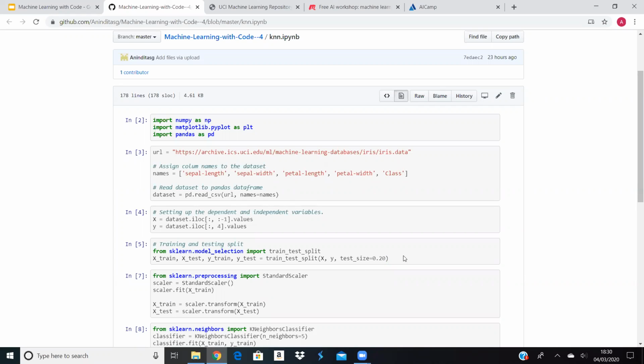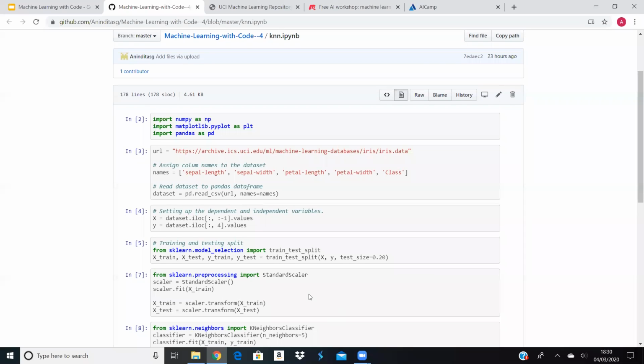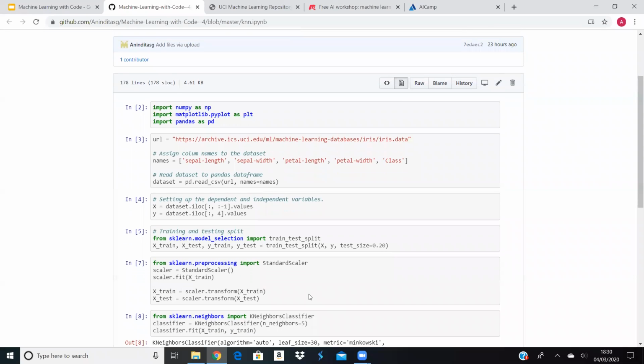After the training and test split, we have another special step of using a standard scaler. That is to normalize the data. The k-neighbors classifier in sklearn would take standardized data.